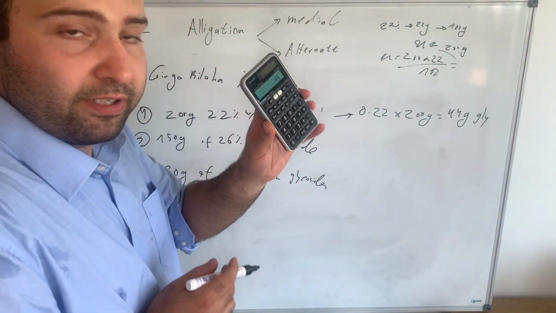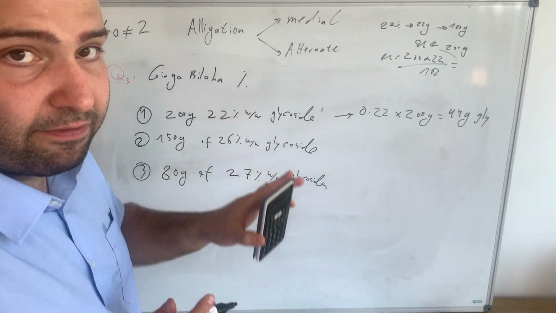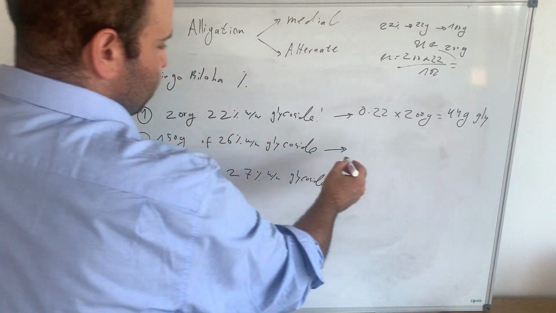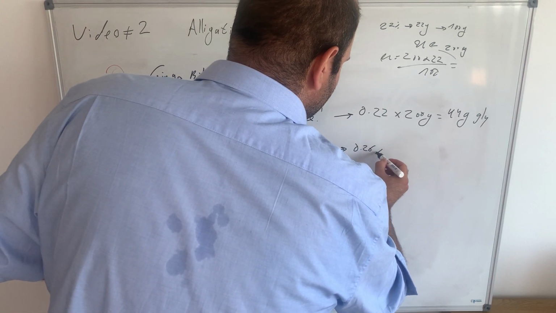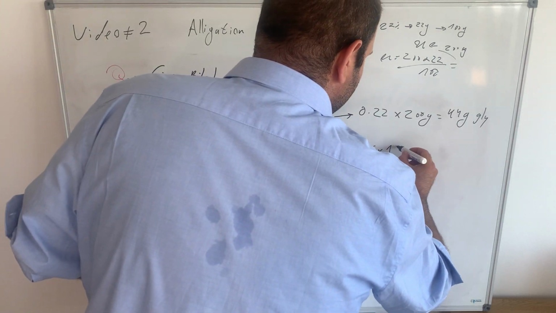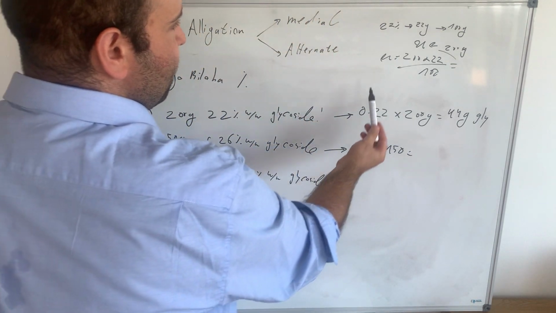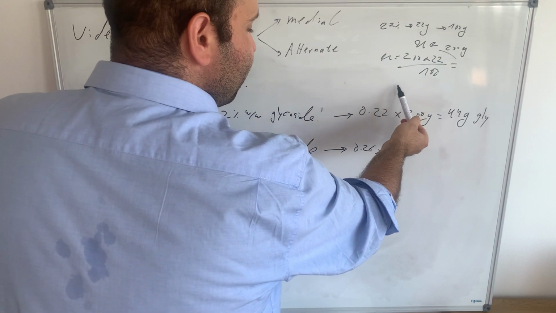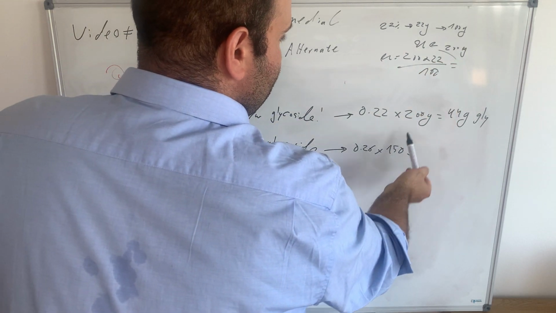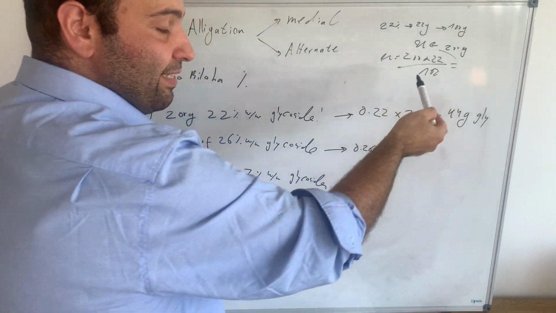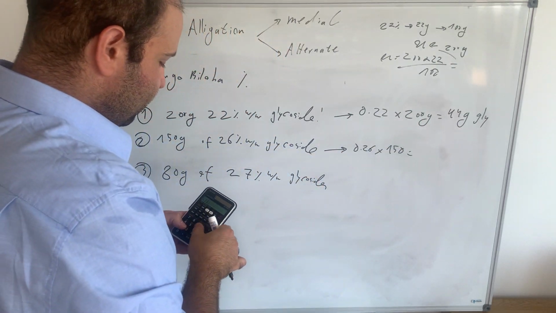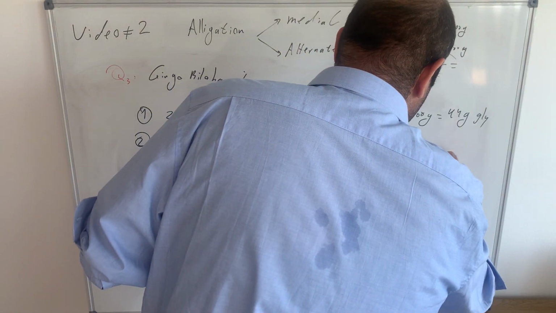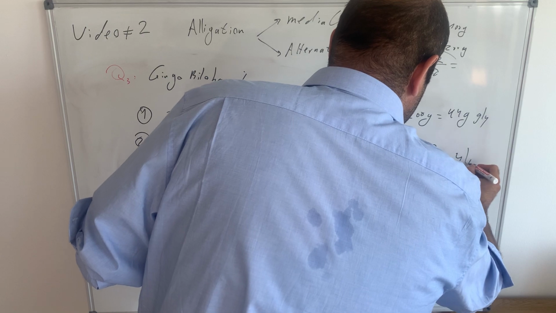Again, use calculators. It's very important, because with a simple mistake you get the wrong answer. For the second batch, 26% means 0.26 multiplied by 150. You can also do it the same way: 26% means 26 gram in 100 gram. What about in 150 gram? You can calculate x. So 0.26 multiplied by 150, the answer is 39 gram of glycosides.